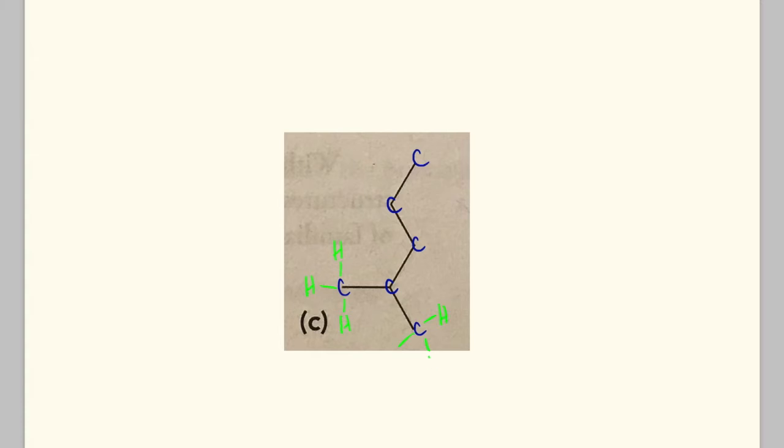And so these guys on the end need 3 more bonds to hydrogen to complete the octet. These guys here need 2. Okay. And this guy here needs 2. Now this carbon here has 3 bonds to it, so it just needs a 4th, or 1 to a hydrogen. Okay.